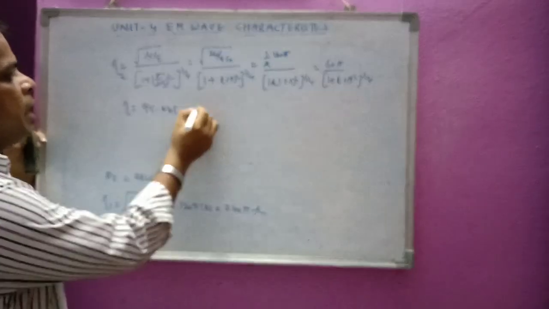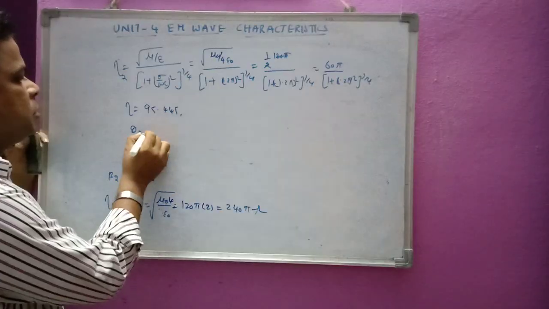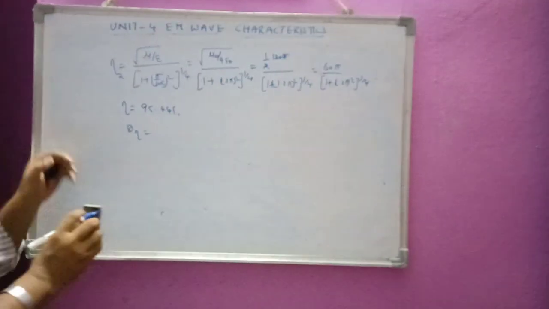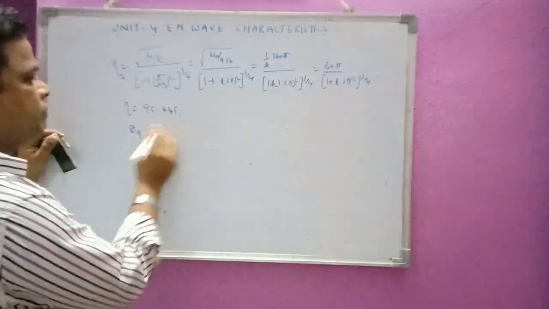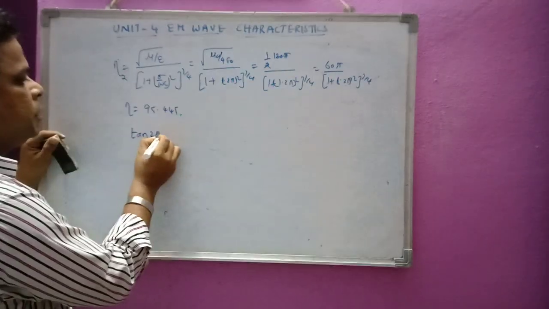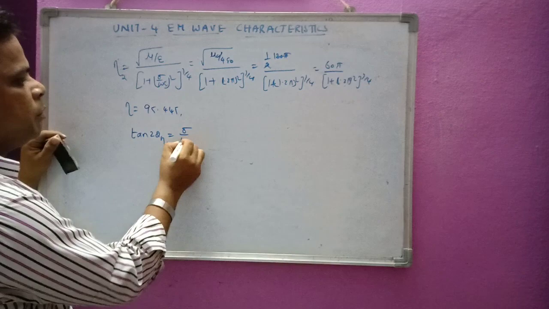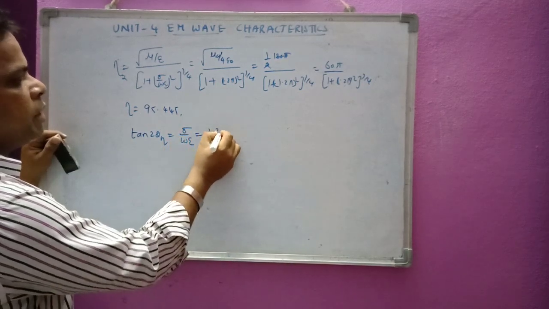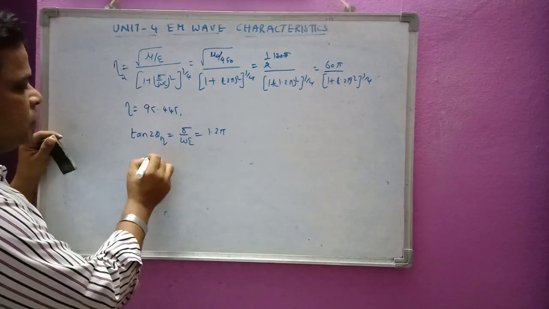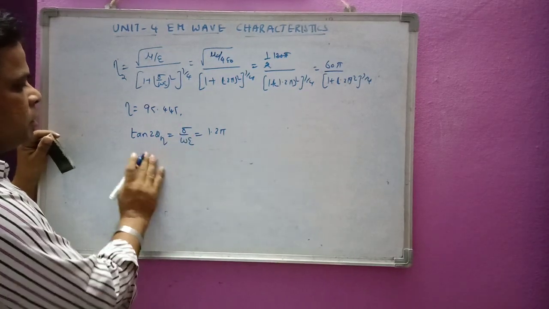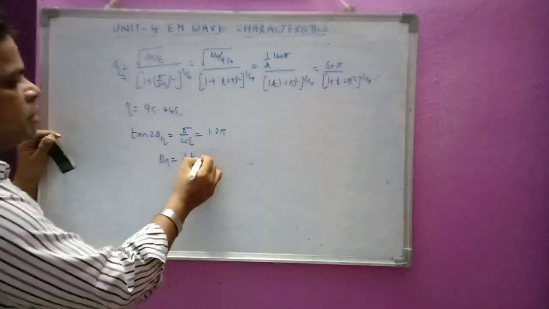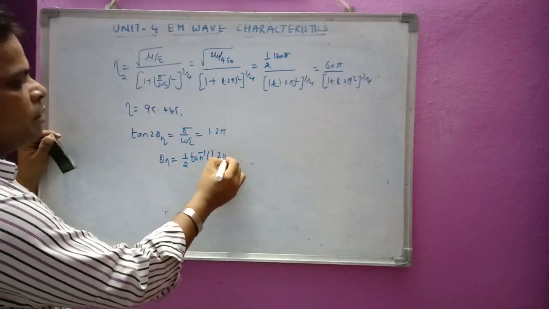And theta of eta we have to calculate because we are going to get the phase here also. As we know, the formula to calculate it is tan 2 theta of eta equal to sigma by omega epsilon, which we have already got as 1.2 pi. Taking tan inverse of this, theta of eta is equal to 1 by 2 tan inverse of this 1.25.